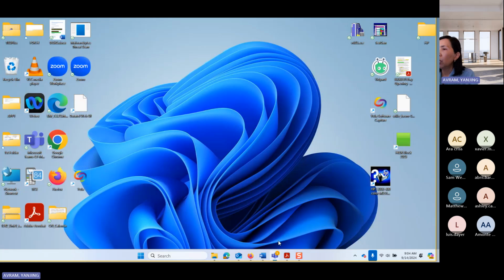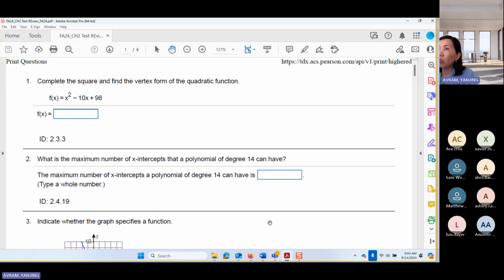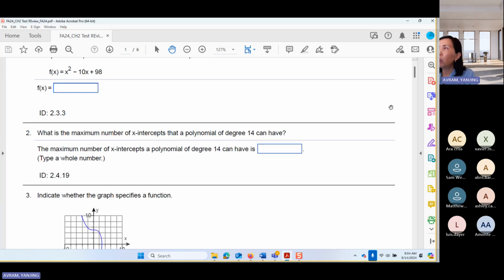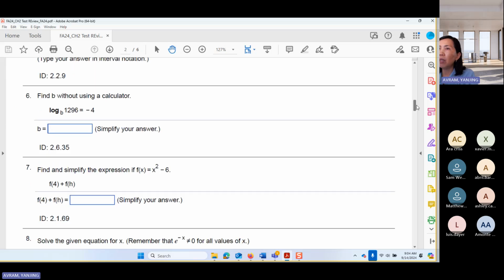All right, so we don't have time to go through every section in little detail, but I think the best way to review is to go through the entire chapter review. This one is in a little bit of random order, but pretty much covers every section.